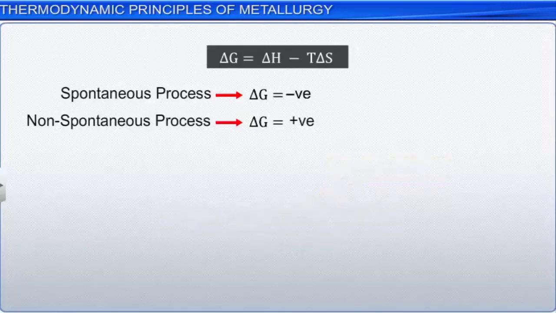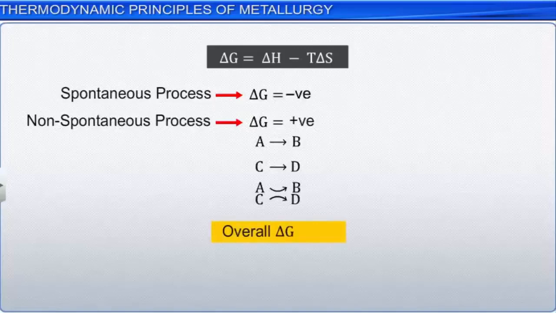It is important to note that two independent reactions can be coupled and are feasible, provided the overall delta G of the two reactions is negative. This coupling is particularly useful for the reduction of oxides of elements.